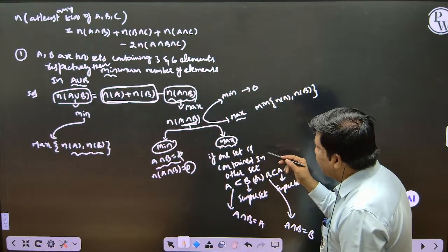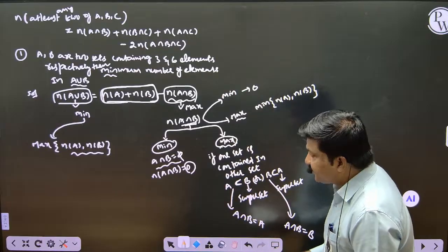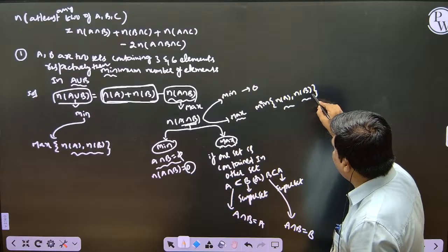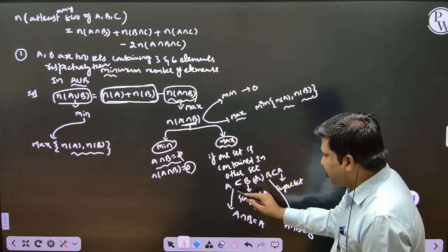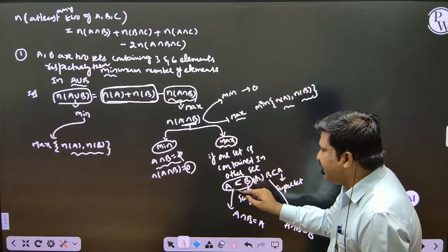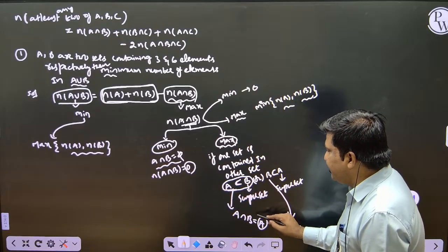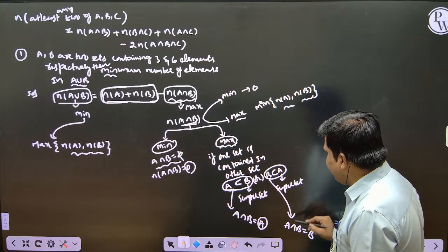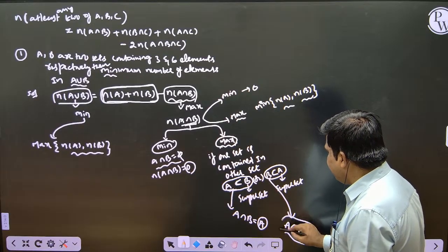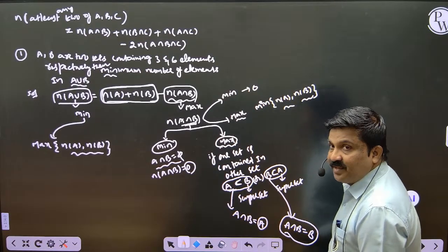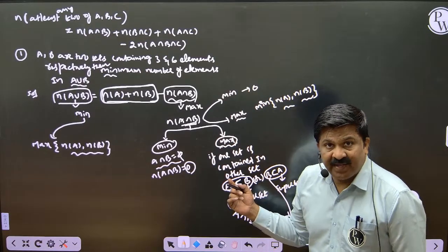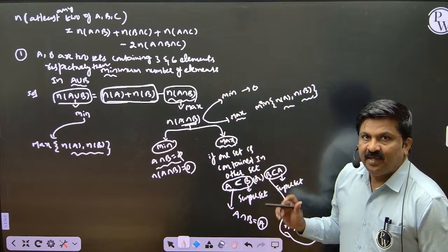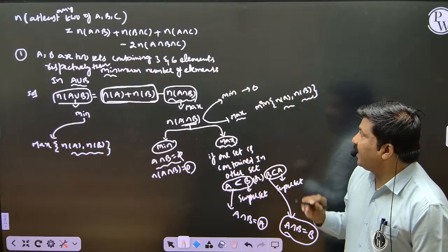What is the possibility of the maximum of n of A intersection B? It may be the minimum of n of A, n of B. Why? If A is contained in B, then A intersection B gives A, a smaller set. If B is contained in A, then A intersection B again gives the smaller set. So the maximum of n of A intersection B is the minimum of n of A, n of B.